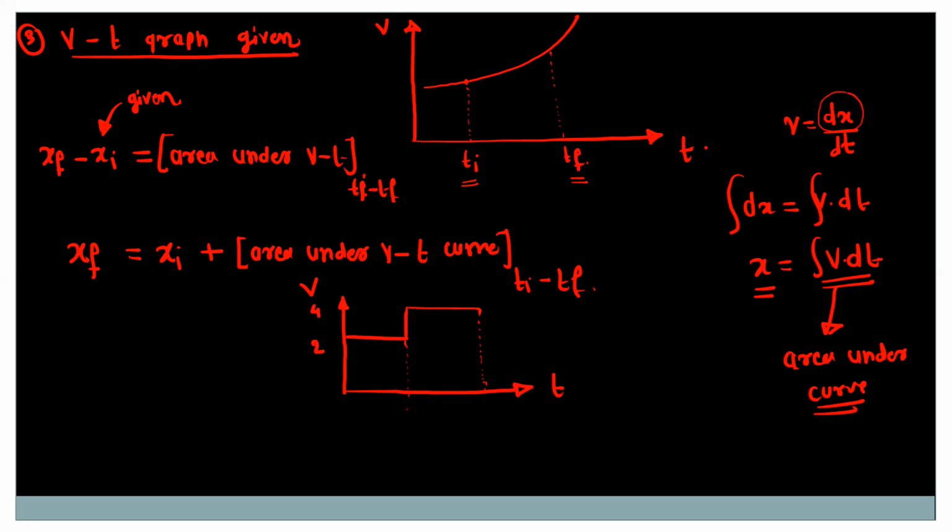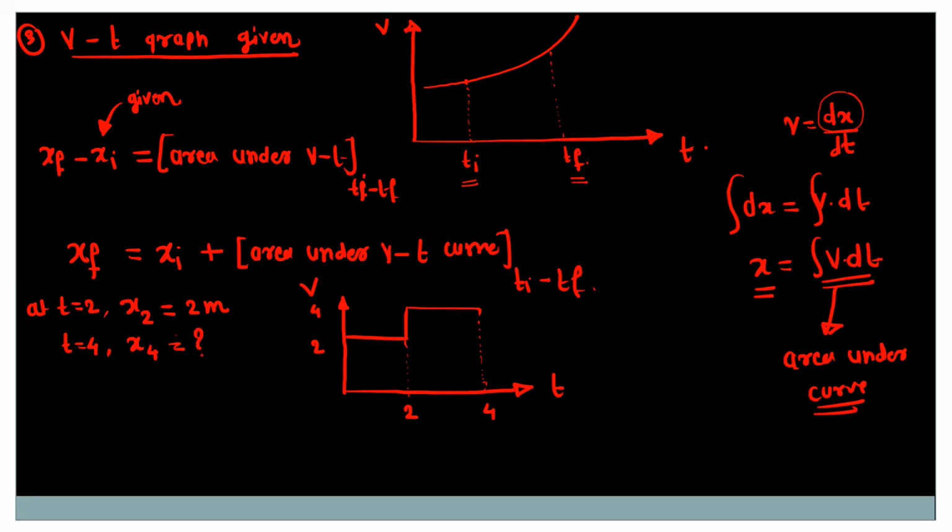So this time is 2 seconds, and this is 4 seconds. Okay, at t is equal to 2, the position is known, that is x2. So this value is 2 meter. And the question is, we have to find out at t is equal to 4, what is the position of the particle. That means we have to find out the x4 value.